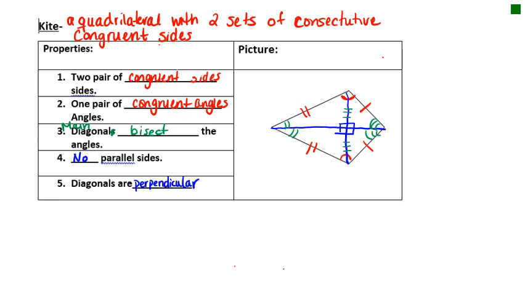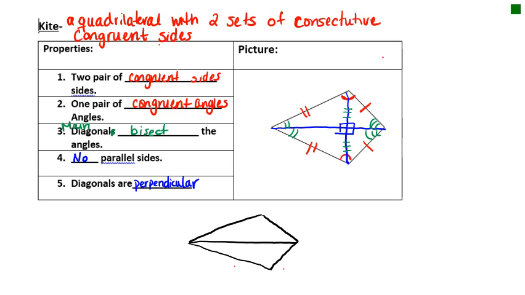All right, so we're going to draw one example. We're going to find some missing angles. All right, so let's say this is our kite. Oh, geez. I'm really bad at drawing these. Okay, so let's say we get this example here. Here's my kite.